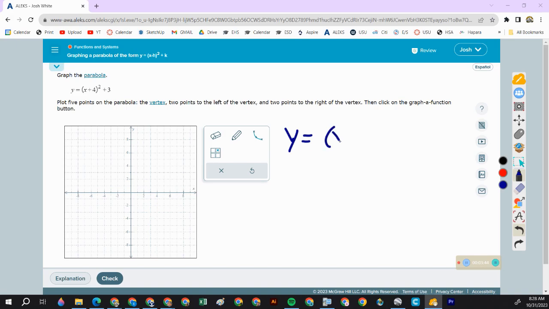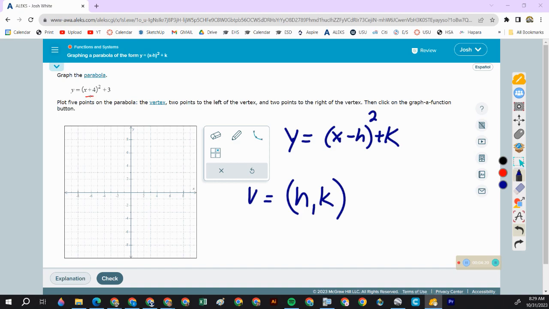y = (x - h)^2 + k. The vertex of the parabola is always (h, k). But notice, in the equation, the h is negative, but the k is positive. So we do the opposite of what's inside the parentheses for the x value, and then we do the positive version of k.